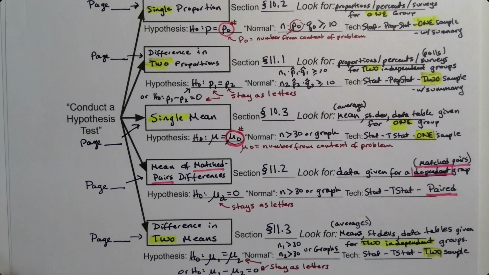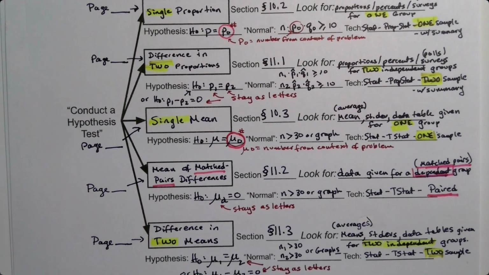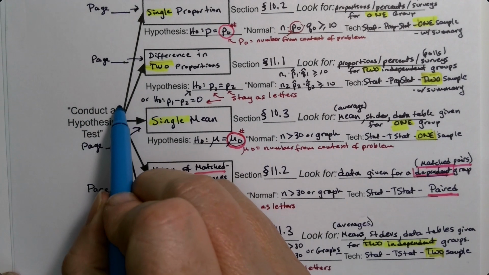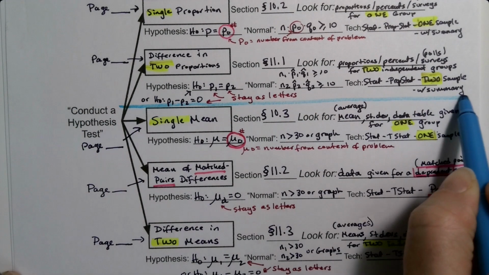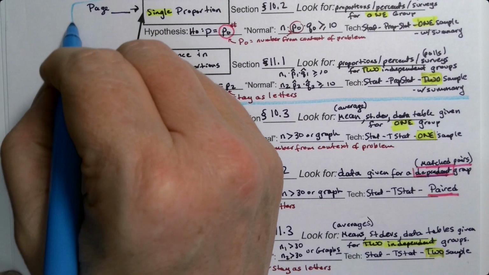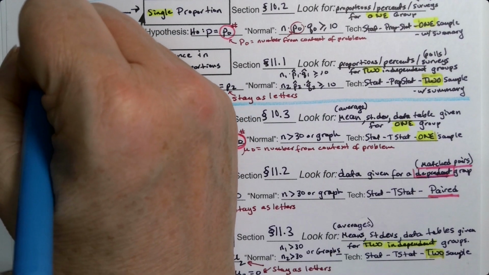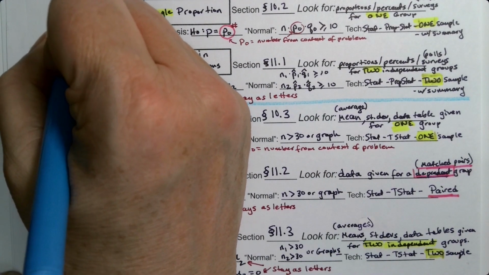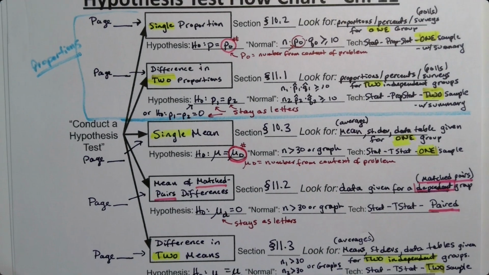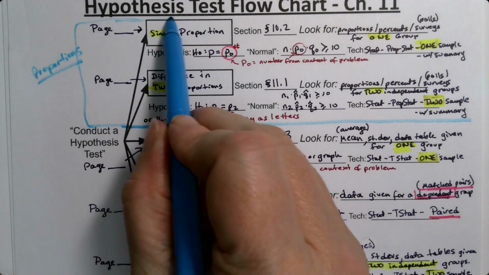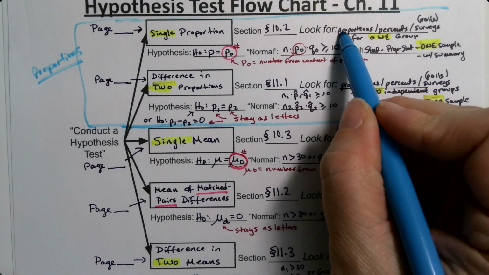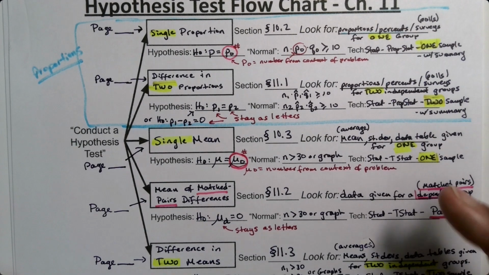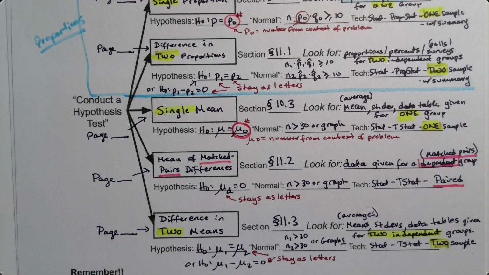So keep in mind, the two up at the top, if I want to kind of segment them off here, these two are proportions. Right? Surveys and polls, that kind of thing. So these two are proportions. That's why proportions and percents are flying. Down here, these ones from here below are means, right?